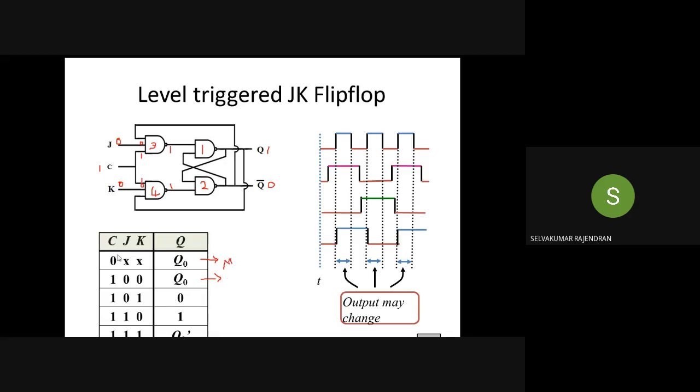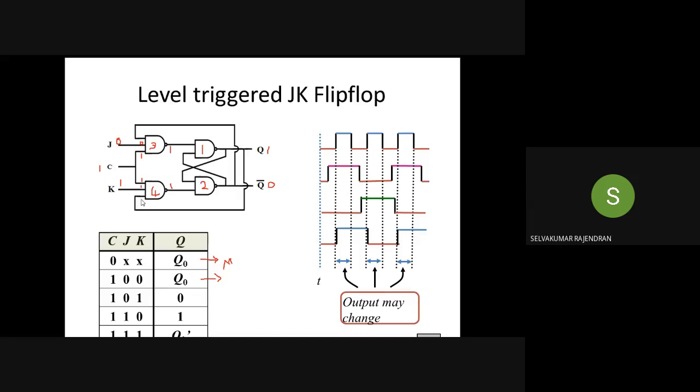Now the input is changed to 0 1. I am applying 0 on J, 1 on K. Now what will happen? The previously assumed values are 1 on Q, 0 on Q bar. So this 1 will be fed back to NAND gate 4.